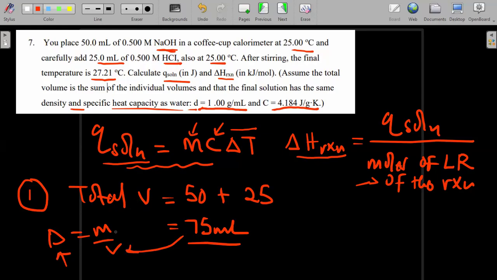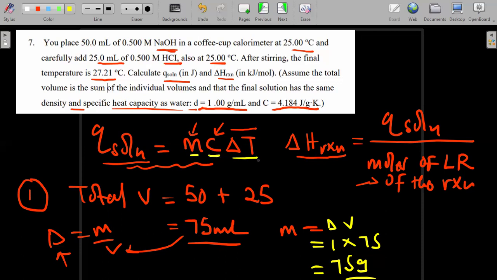So mass is equal to density multiplied by volume. Our density is 1 multiplied by the volume, which is 75. So we're going to find that our mass is just 75 grams.